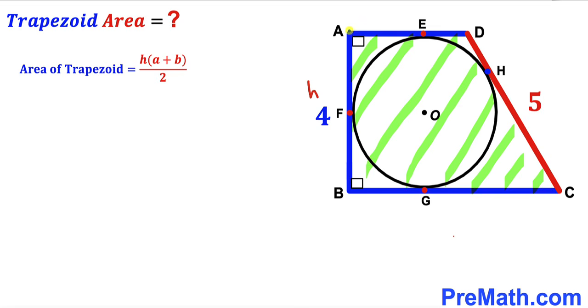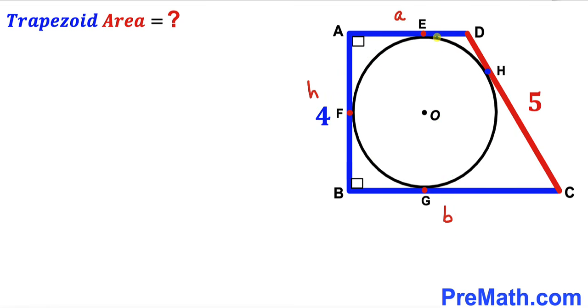I'm going to label this side AD as our base lowercase a, and likewise this base BC as our base lowercase b. Our height h value is 4, however a and b values are unknown.